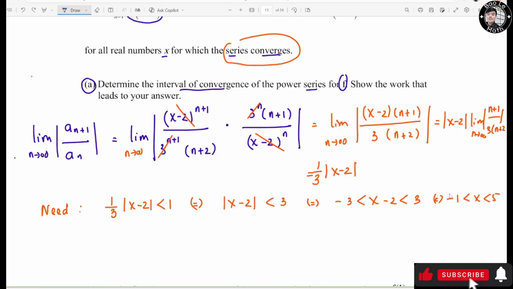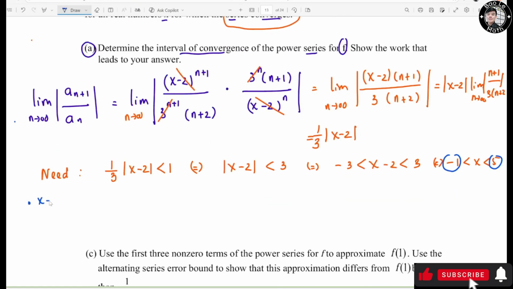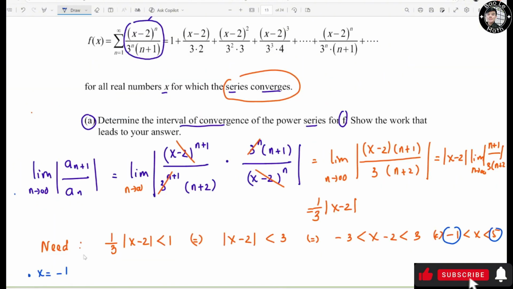Now, don't forget to check the endpoints, negative 1 and 5. Now, s equals negative 1. We substitute negative 1 for s into this guy right here, so we have the series n goes from 1 to infinity. Negative 3 raised to the n can be written as 3 raised to the n times negative 1 raised to the n, over 3 raised to the n times n plus 1.